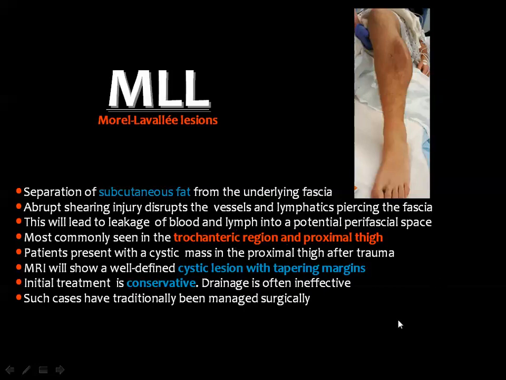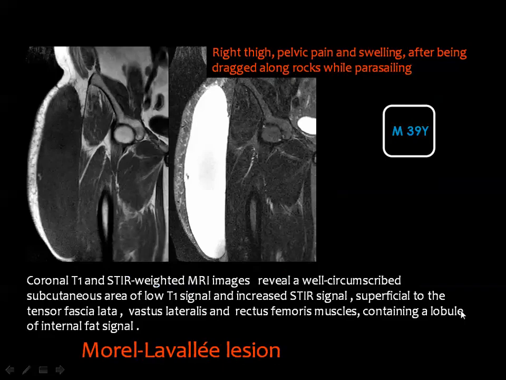All what you can see is a big cystic lesion with tapering margin containing fluid. The lesion is treated conservatively, but if you drain it percutaneously, it will recur. And according to the literature, it should be managed surgically.